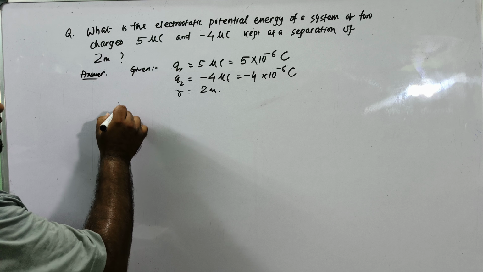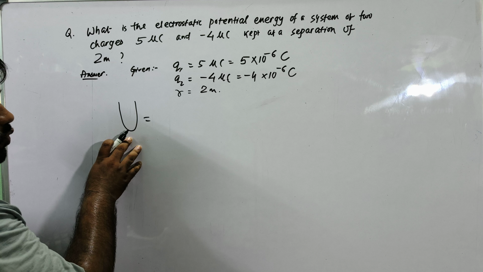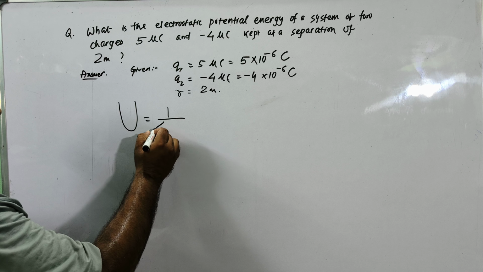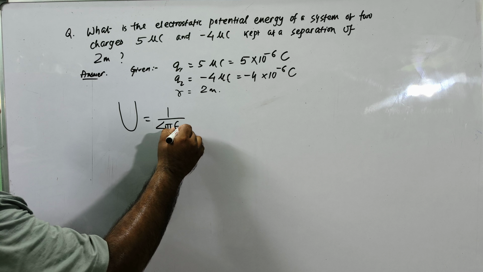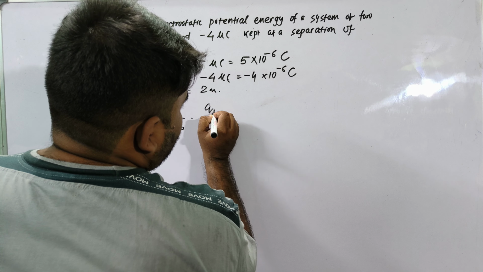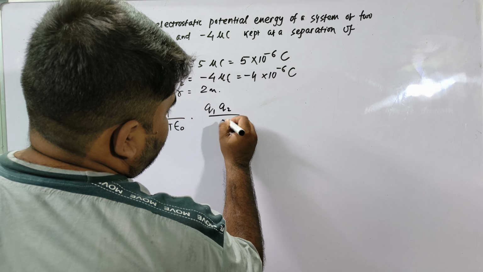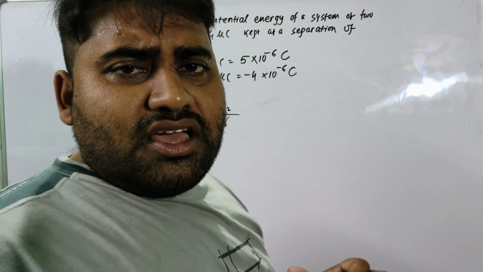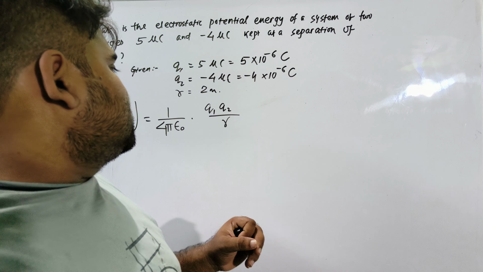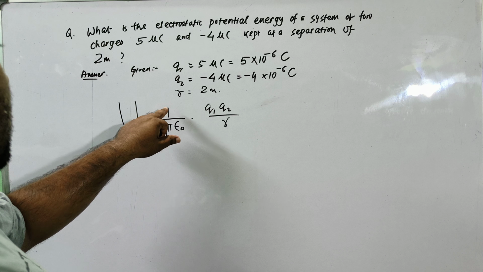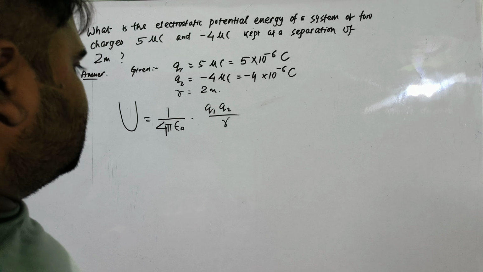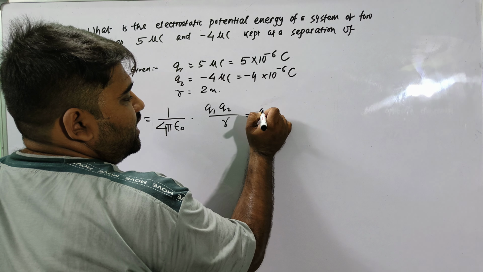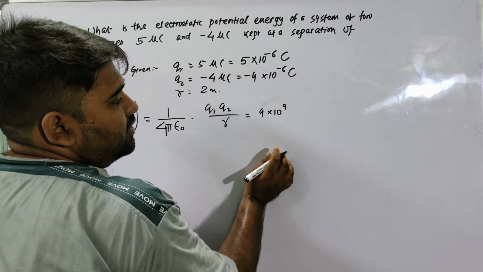As you know, electrostatic potential energy is given by U is equal to 1 upon 4 pi epsilon naught multiplied by Q1 Q2 upon R, where R is the distance of separation between them. Just use those values in this formula. As you know, 1 upon 4 pi epsilon 0 is 9 into 10 raised to the power 9.